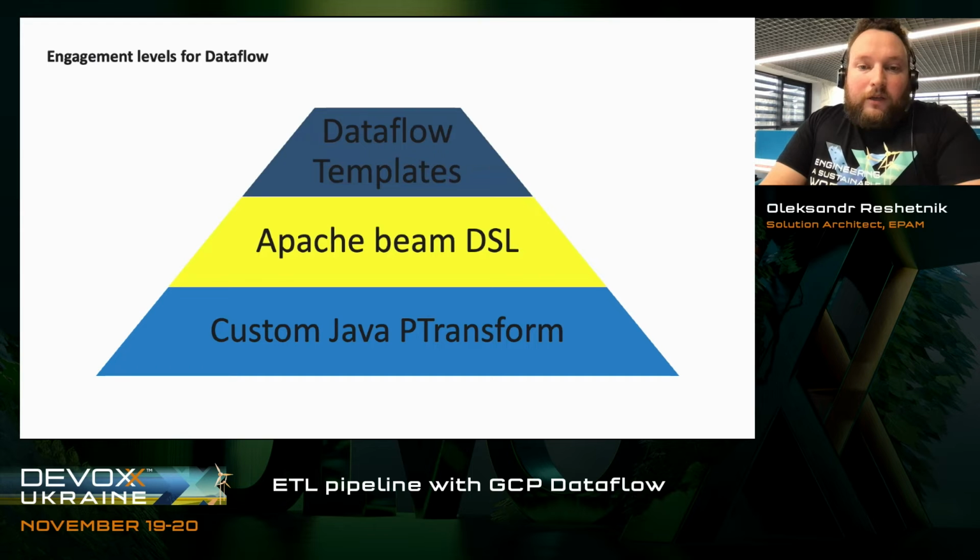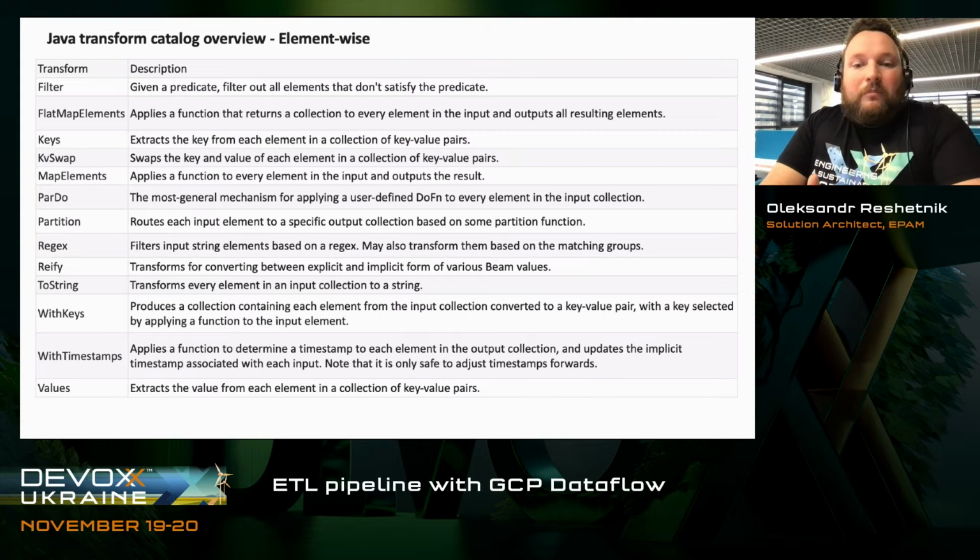If you need more engagement, you can go to the next level. You can work with the Apache Beam DSL level and write Java code using out-of-the-box elements from the Apache Beam framework. There are a big number of different transformations. They are split into two groups.